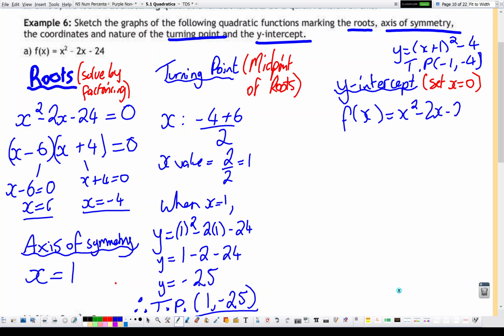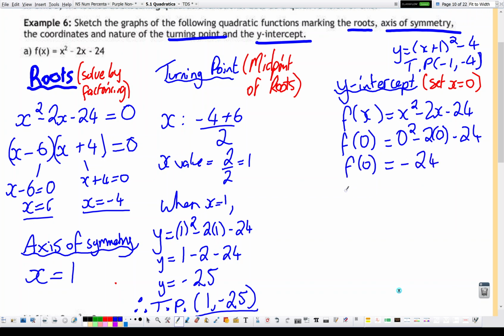That's just the starting thing from the question. And we're going to set x equal to 0. So f of 0. So 0 squared minus 2 times 0 minus 24. So that is just 0, take away 0, take away 24. So it's just minus 24. So y-intercept is going to be 0, minus 24.